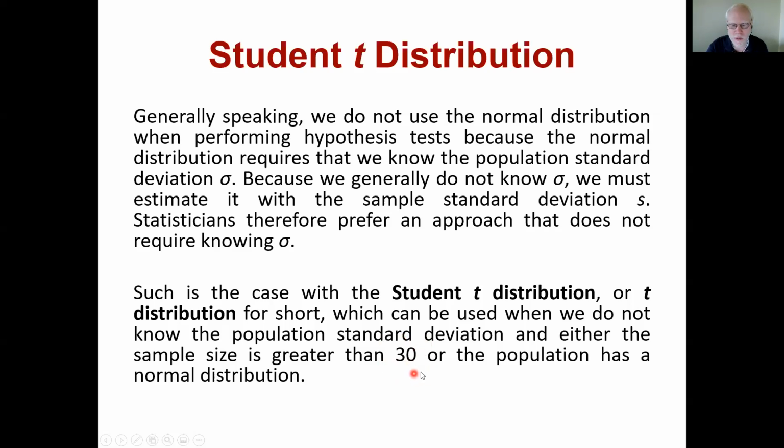There'll be some level of argument as to what the real number is here, but for us, we'll just say 30, or that we can assume with some confidence that the population itself is normally distributed. If the population itself we can estimate is normally distributed, then we can use student t with any sample size.